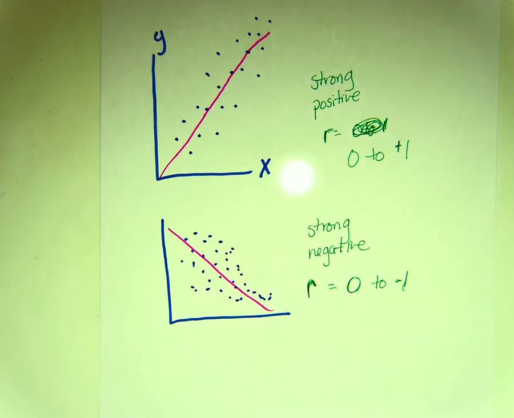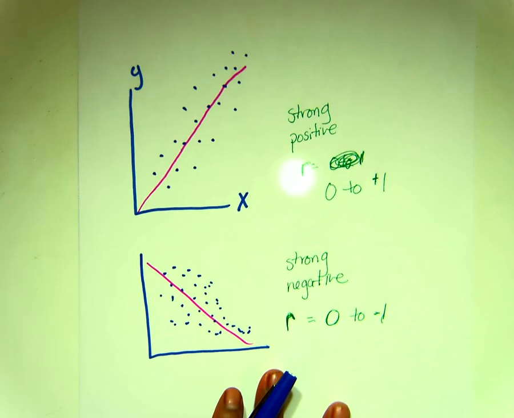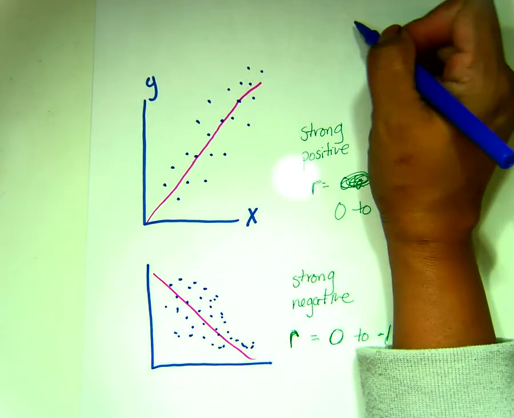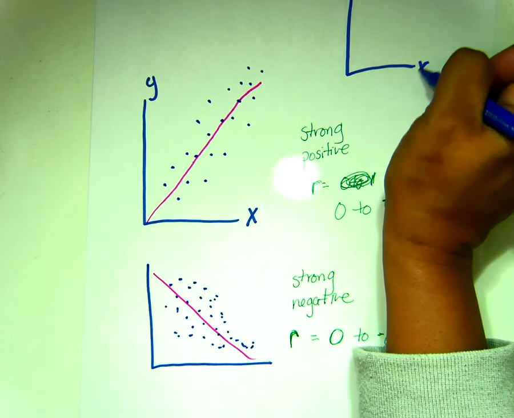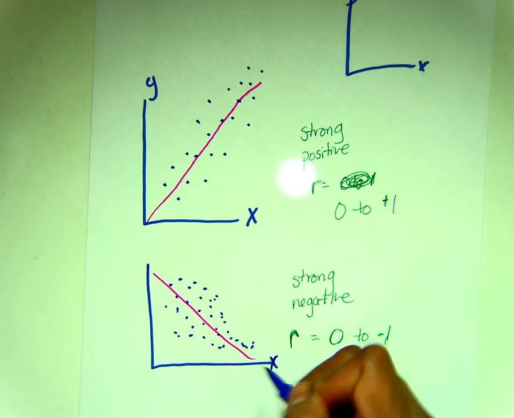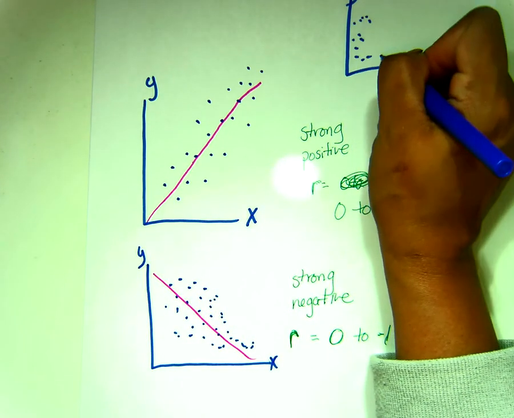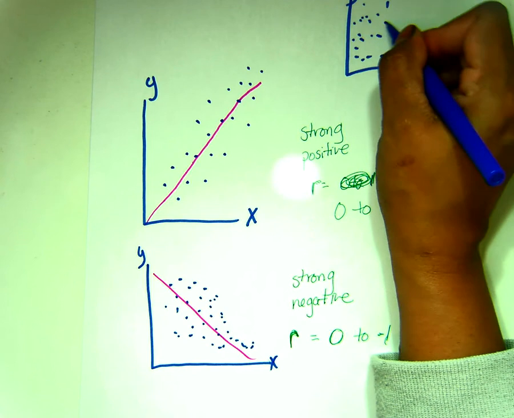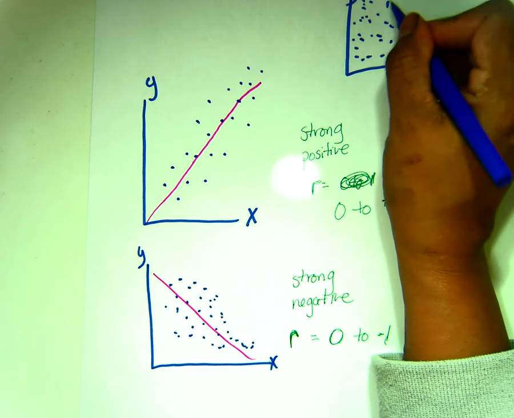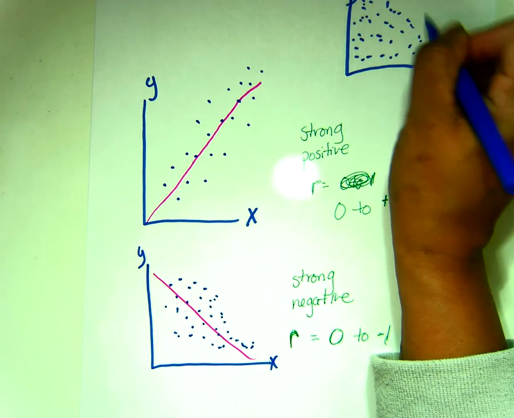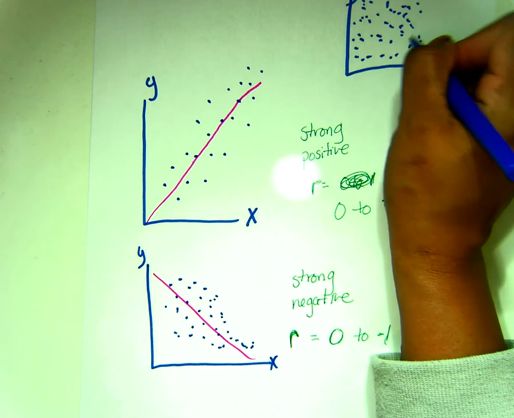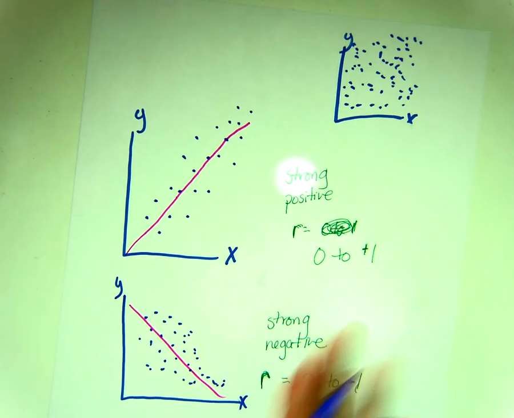Then we just have relationships that are non-existent. So then you got your X and your Y, and they're all over the place. This line can be either going upward, downward, or none at all.